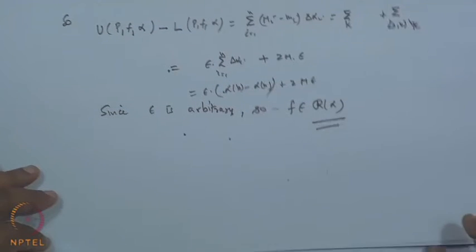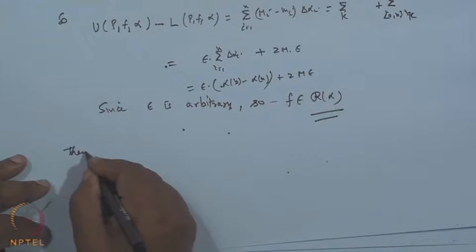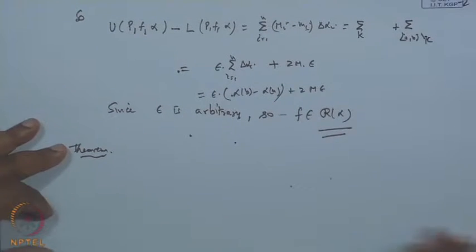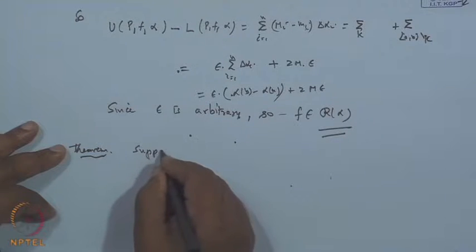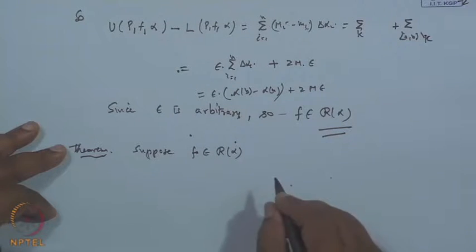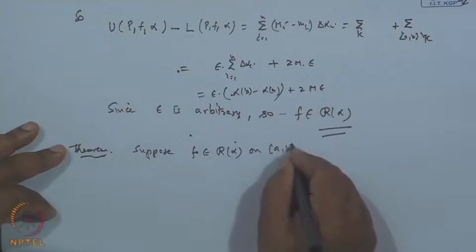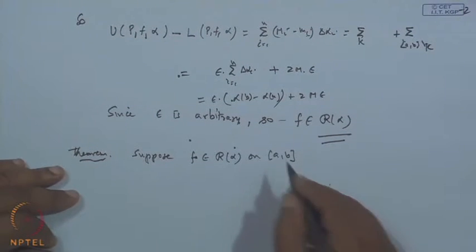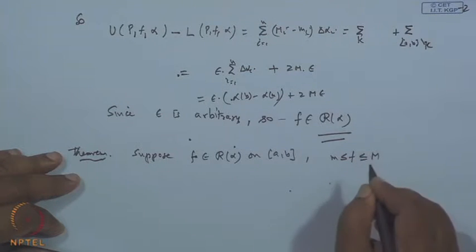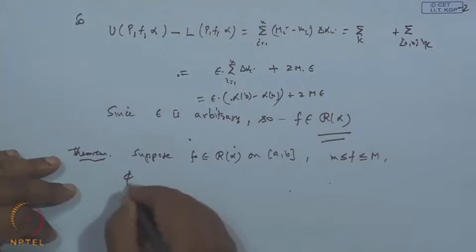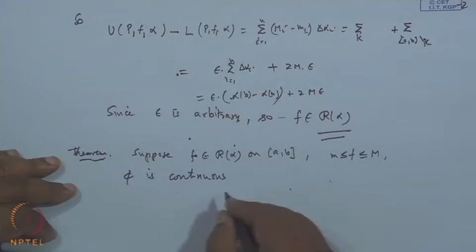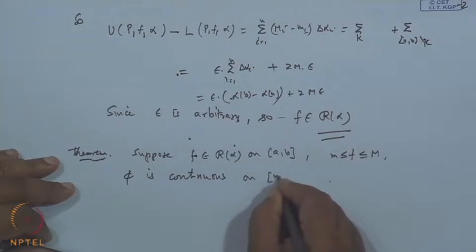Now, another interesting result. The result says: suppose f is in R(alpha) on the closed interval [a,b], Riemann-Stieltjes integrable with respect to alpha over the interval [a,b], and f is a bounded function, bounded by small m and capital M. Phi is continuous on the closed interval [m, M].